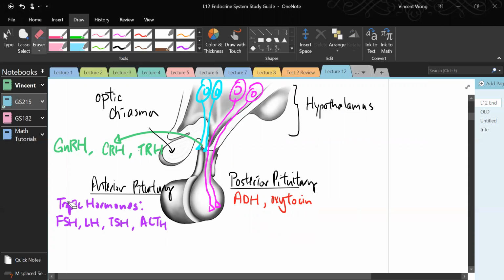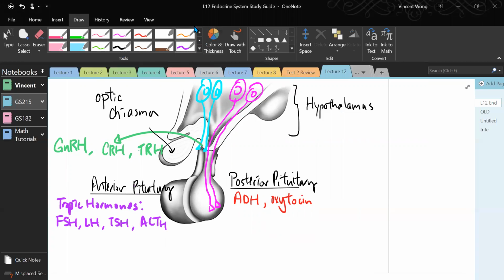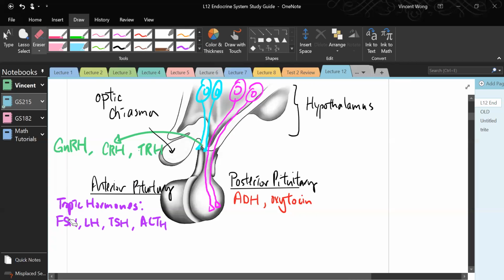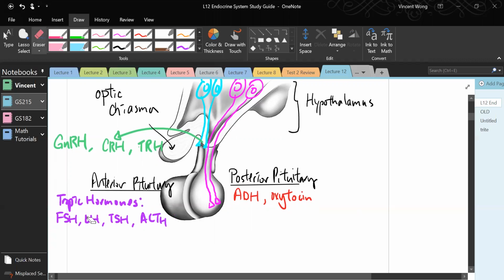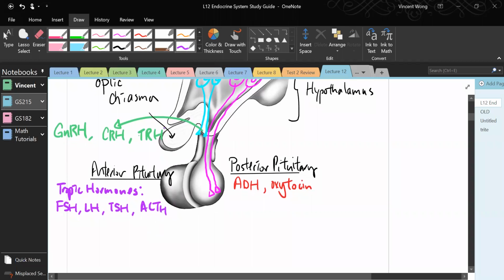These tropic hormones are hormones that are going to be targeting another gland. As you know, FSH and LH target the ovaries in females and testicles in males. So that's another endocrine gland. TSH is going to target the thyroid gland, and ACTH is going to target the adrenal gland. All these hormones are called tropic hormones because they affect another endocrine gland.